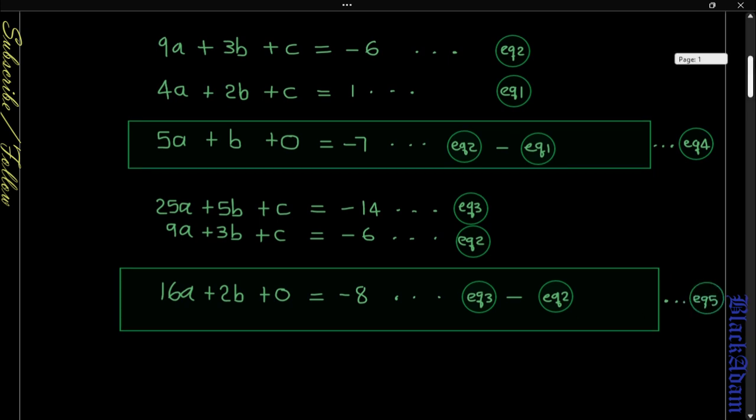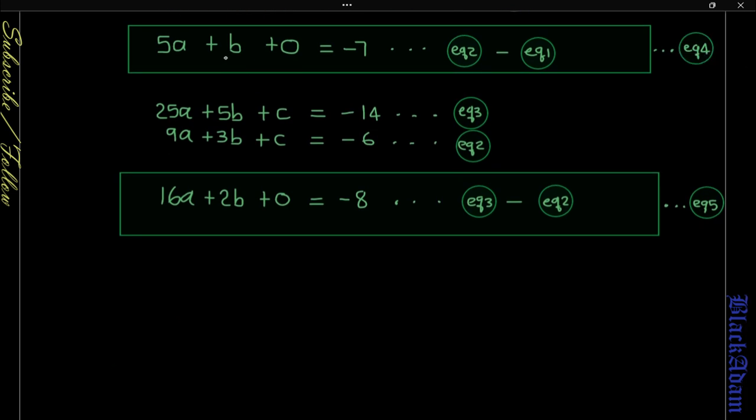So we have b there, and we multiply equation 4 by 2 so that we can find 2b on both sides. So that's 16a plus 2b is equal to -8, and that is our equation 5.